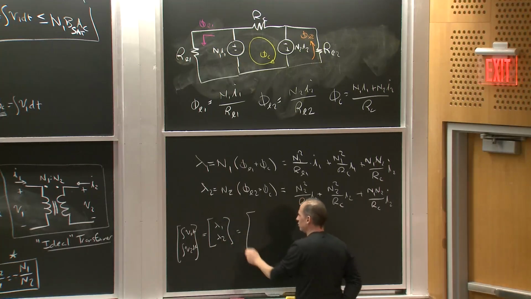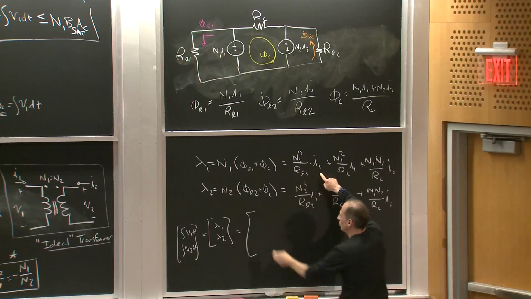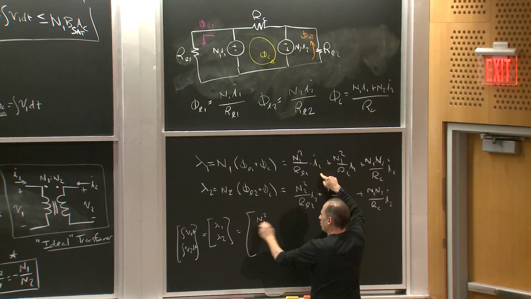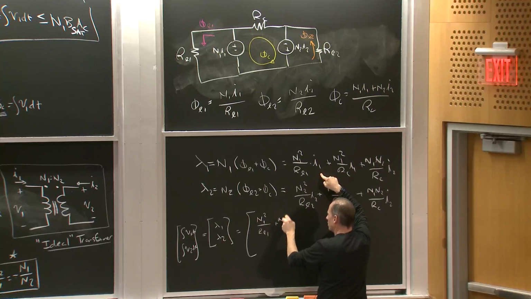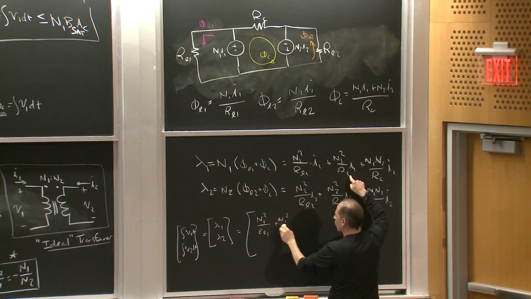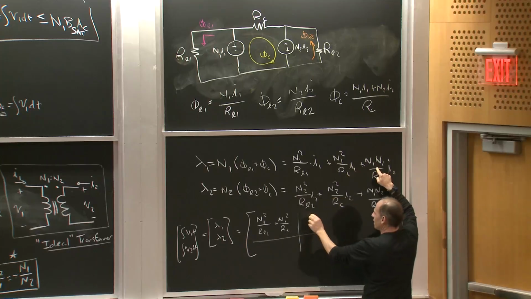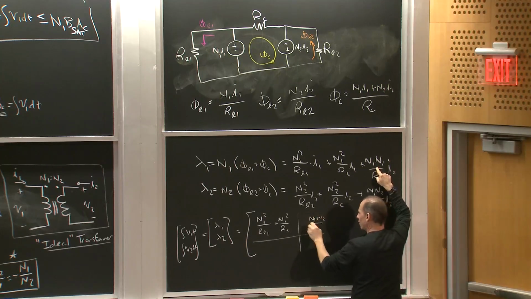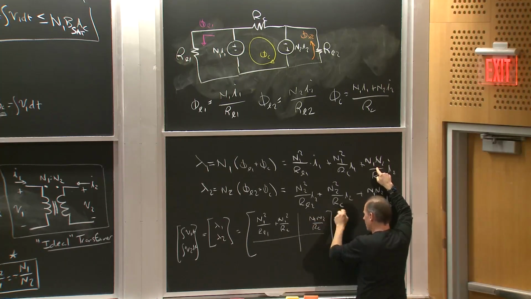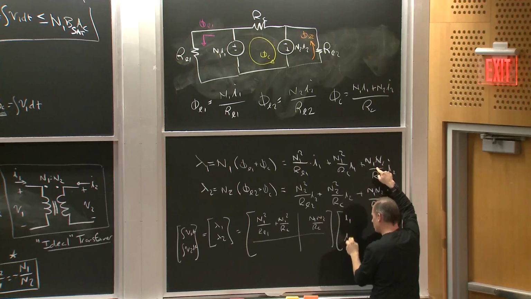And that would be equal to N1 squared over reluctance leakage 1 plus N1 squared over the reluctance of the core, plus N1, N2 over the reluctance of the core, times I1, I2.